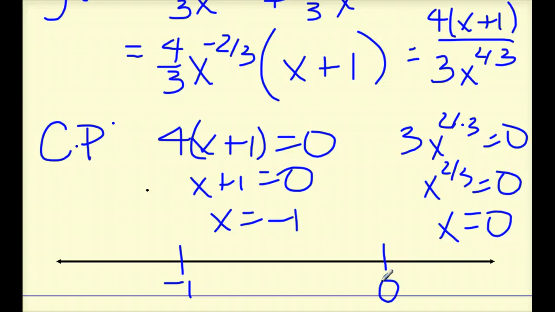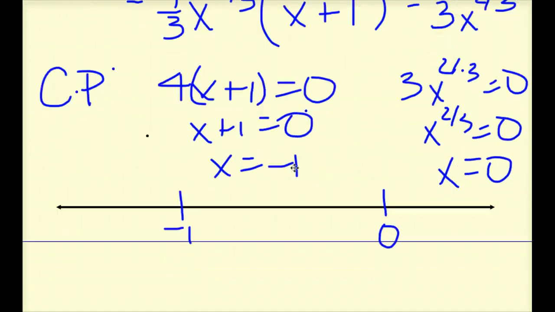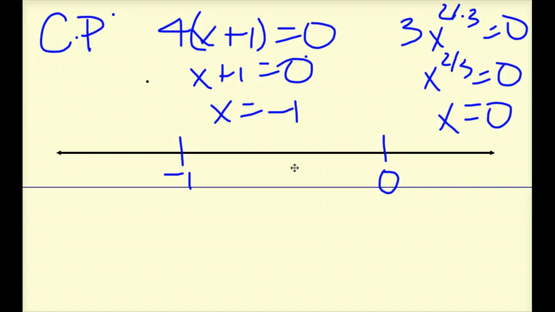And what I'd like to do is to find out what these derivatives are. Since this one was my numerator, I know the derivative of this is equal to 0.